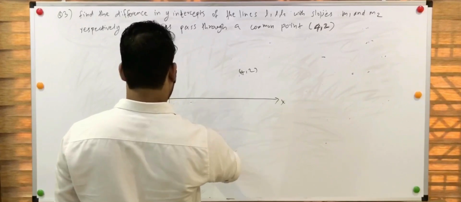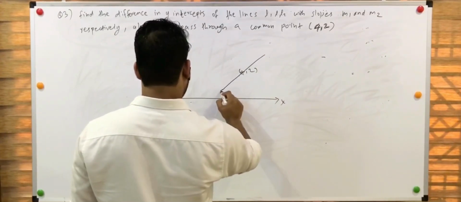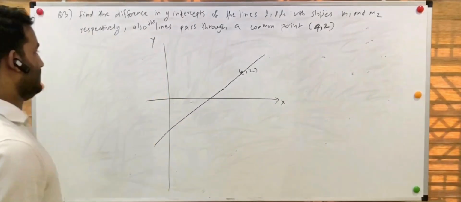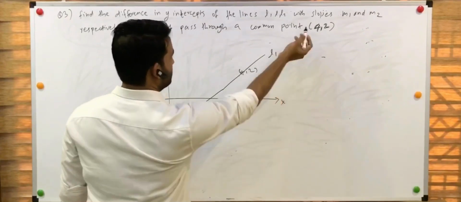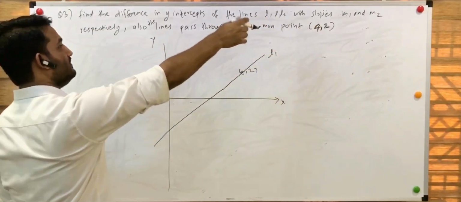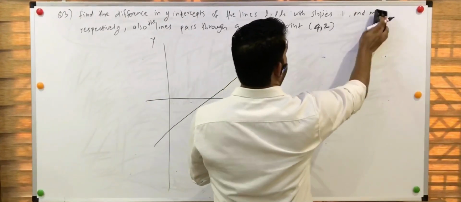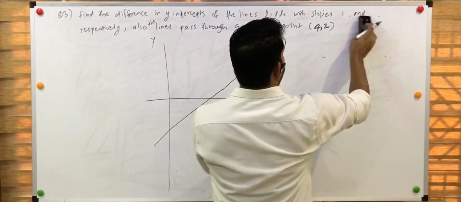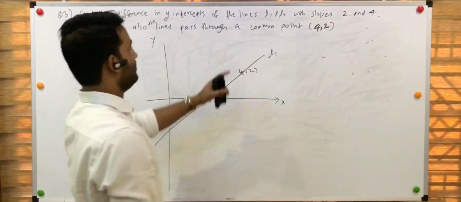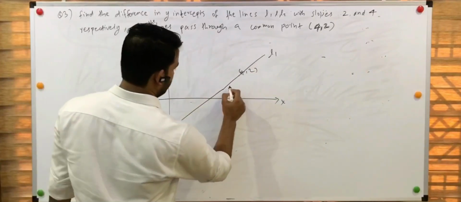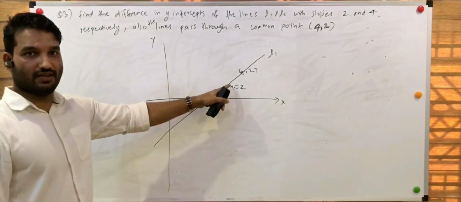First, I have drawn the line L1, and the slopes are given as 2 and 4 respectively. The slope of L1 is equal to 2, which I take because slope is represented by the letter m.